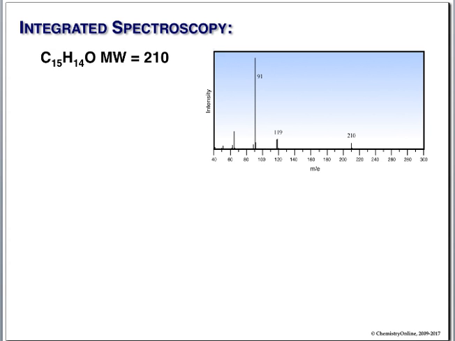All right, let's look at this formula. 15 carbons, that's 32 hydrogens. How many do we have? 14. How many degrees of unsaturation? 9.